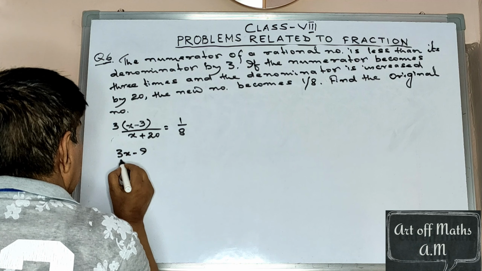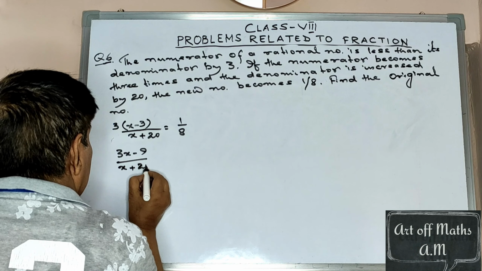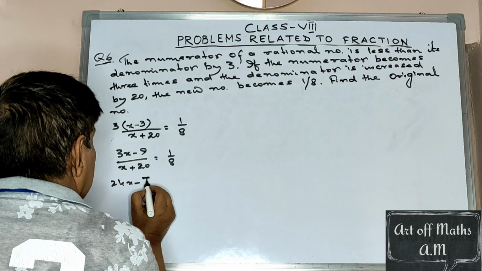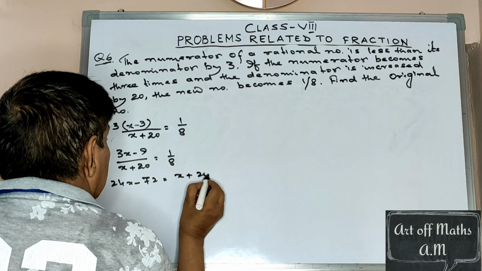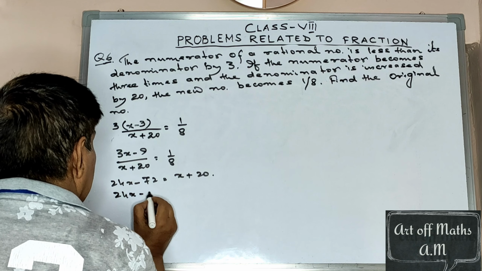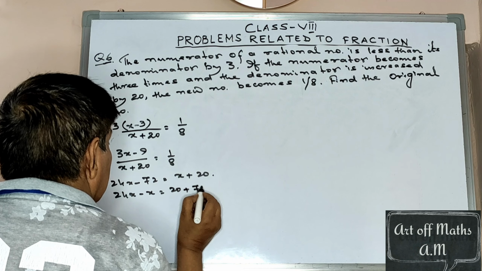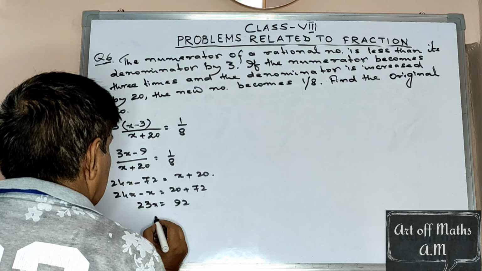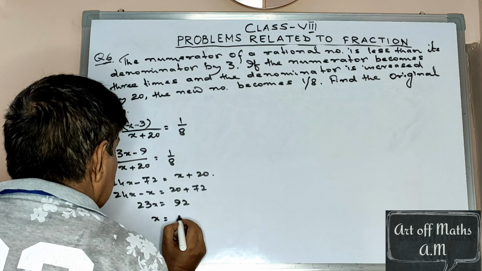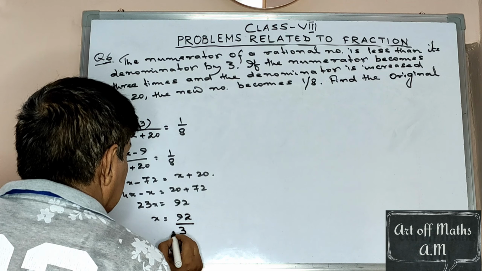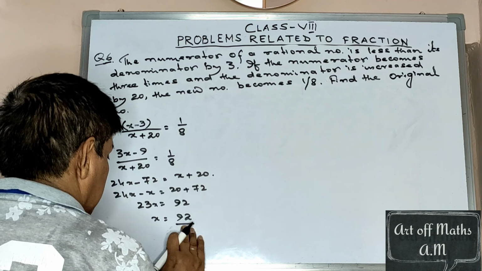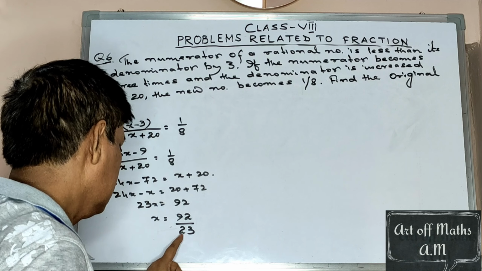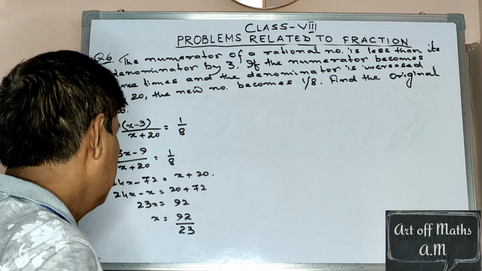Here 3x minus 9 divided by x plus 20 equal to 1 by 8. 8 times 3x, 24x minus 72 equal to x plus 20. 24x minus x equal to 20 plus 72. 23x equal to 92. x equal to 92 divided by 23. x equal to 4.